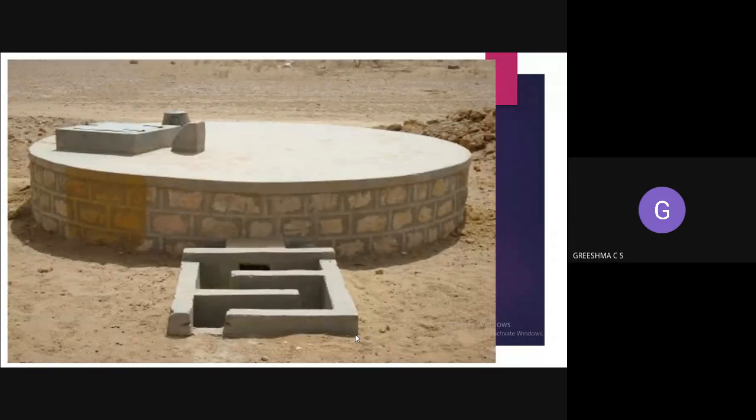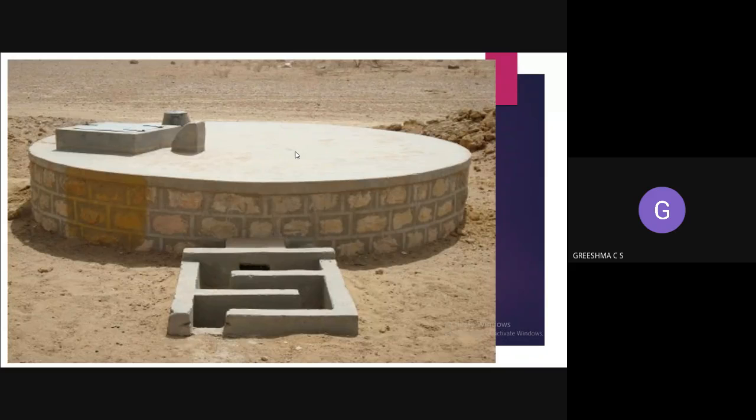So where are we using circular slabs? You might have seen the septic tank. Okay, a circular septic tank. On the top of it, you will have an RCC slab, circular in shape. At the same time, you might also see the circular water tank, of our water authority.